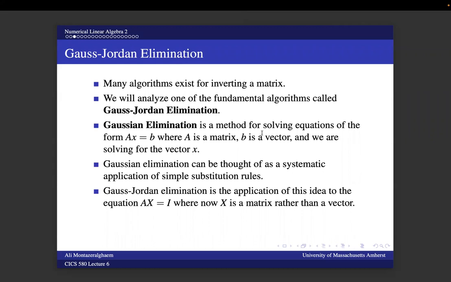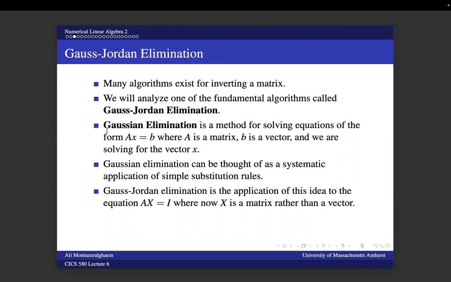This algorithm can be used for solving the equation A times X is equal to B, where A is a matrix and B is a vector, and we want to find the solution for X in this equation.